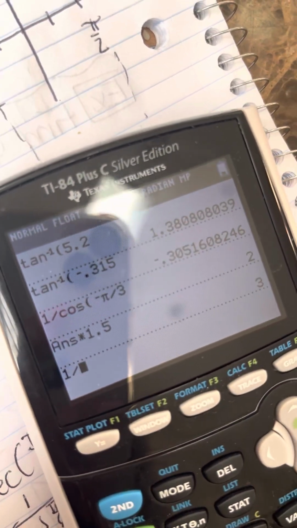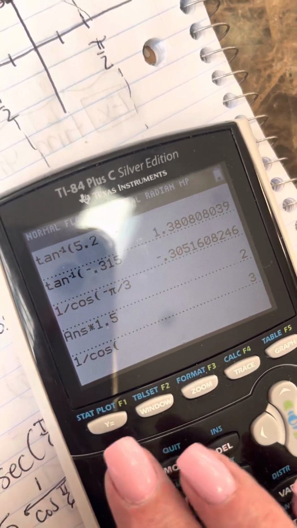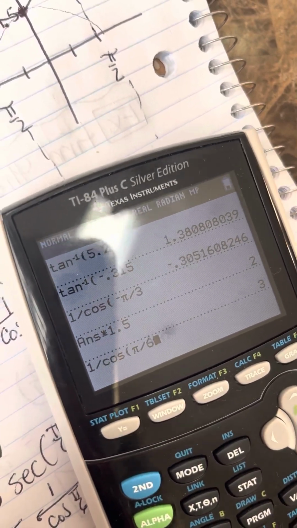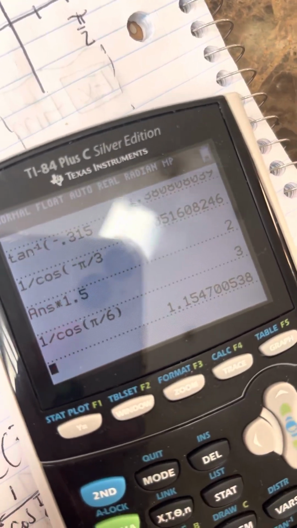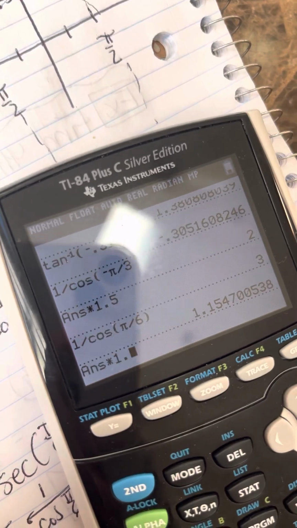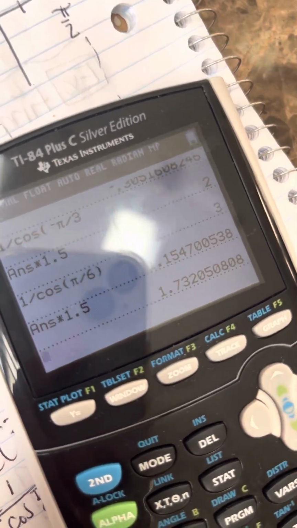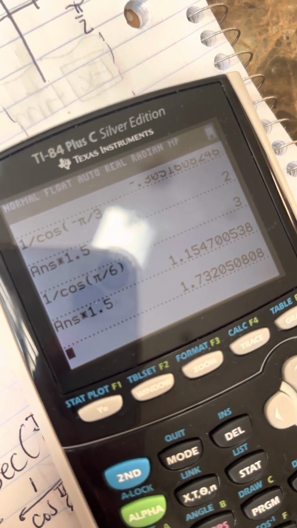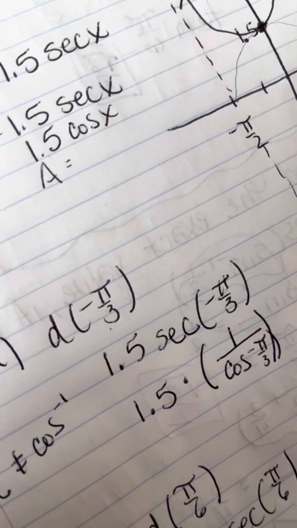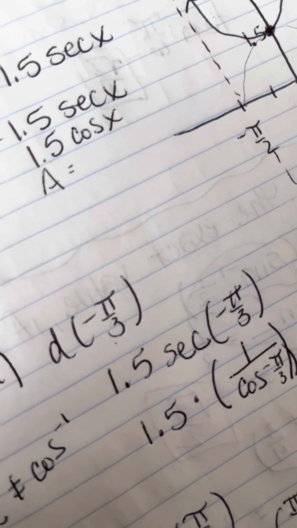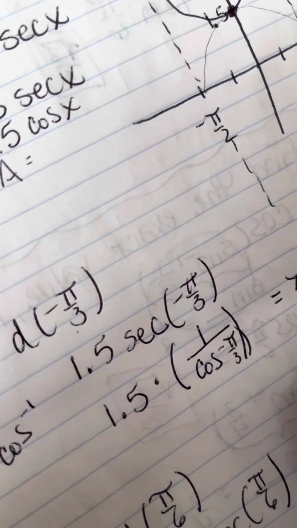So 1 divided by the cosine of pi over 6, and then times 1.5, and 2 decimal places, so 1.73. And again, that's in kilometers.